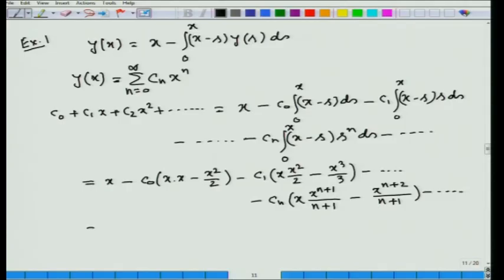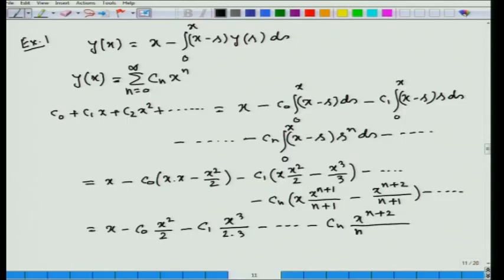So, this is actually equal to x minus C 0 x square by 2 minus C 1 x cube by 2 into 3, and here as a general term we will be having minus C n x to the power n plus 2 divided by n plus 1 multiplied with n plus 2.